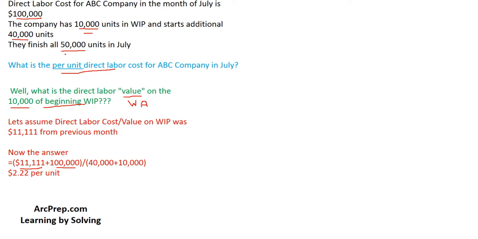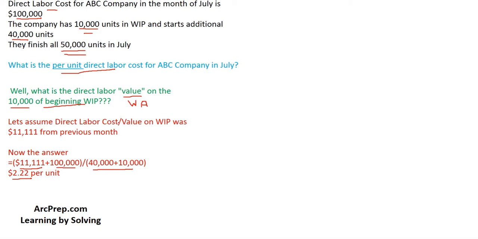In this case, I'm finishing all 50,000 units, all 100% complete, so it is literally divided by 50,000. And I'll get $2.22 per unit of direct labor cost for this method.